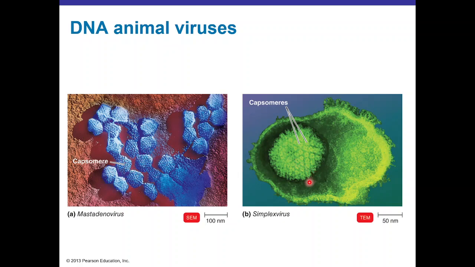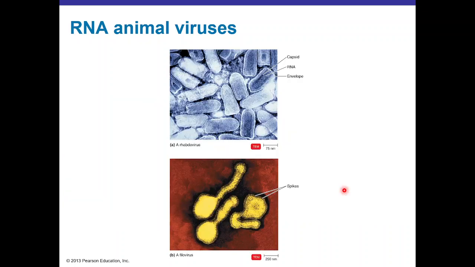Then here we have herpes simplex virus, where you can see in this transmission electron micrograph the capsomeres, and this is the nucleocapsid, of course, and outside of this nucleocapsid you can see the plasma membrane of this herpes simplex virus.